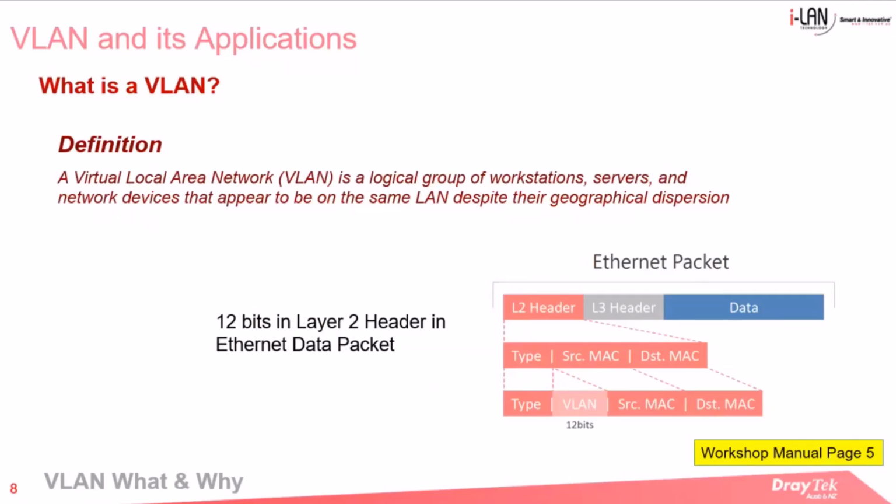So in other words, a VLAN is a group of devices that are physically on the same LAN, but separated by using the information in the Ethernet packets, and they don't necessarily have to be together in one place. The VLAN information is in the layer 2 header of an Ethernet packet, and it is 12 bits of data between the type and source MAC address sections on the Ethernet packet.